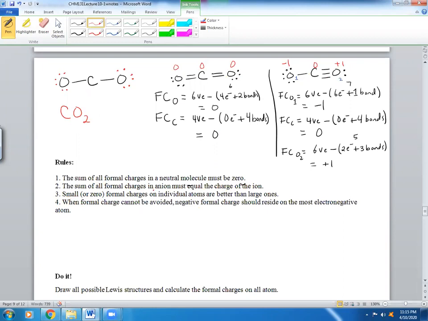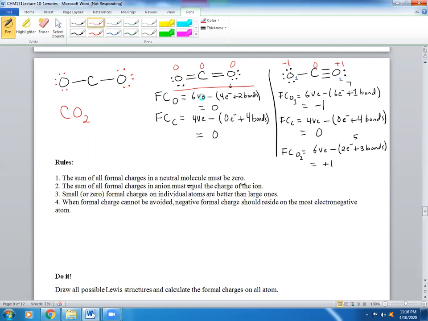But rule 3 is very critical. Small or 0 formal charges on individual atoms are better than large ones. Which of these has 0 formal charges all? This one right here. 0, 0, 0. 0 means they're content. They have enough electron density that they're happy with that.